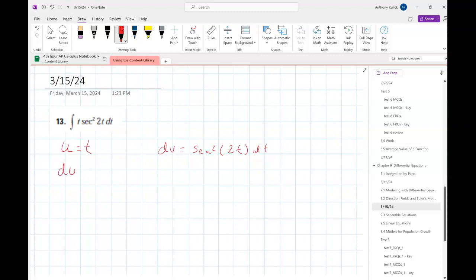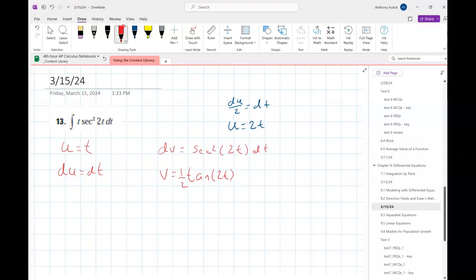So du is just dt. And v then is going to be a u sub problem here, right? So this should be 1 over 2 tangent 2t.